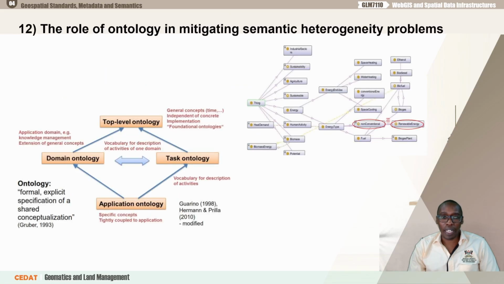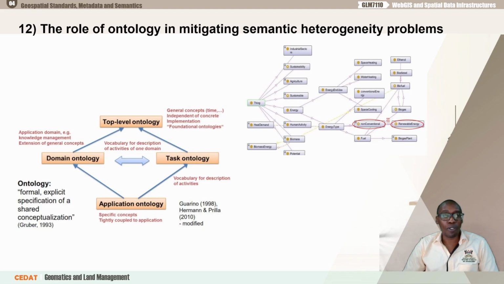So to be able to solve that, we said we use ontologies, and in the world of ontologies, we have what we call top-level ontologies. These basically define the entire universe of discourse. They are like foundational ontologies. For example, DOLCE is one of them, and maybe BFO, the Basic Formal Ontology, and so many other ontologies.